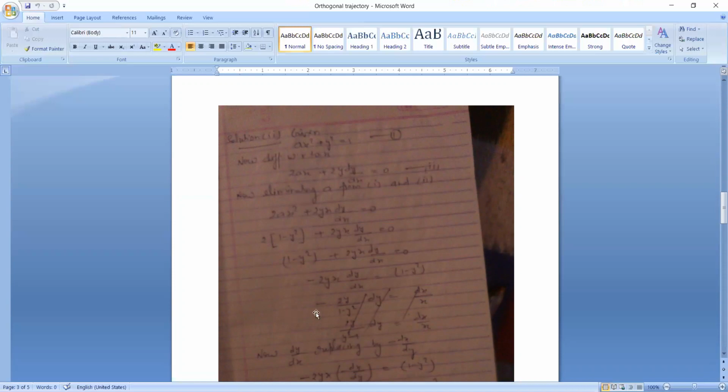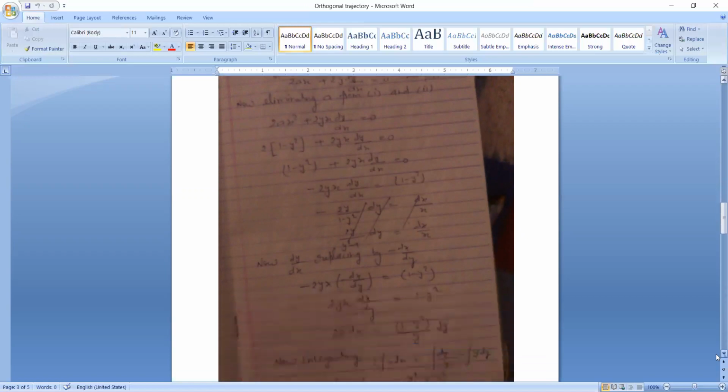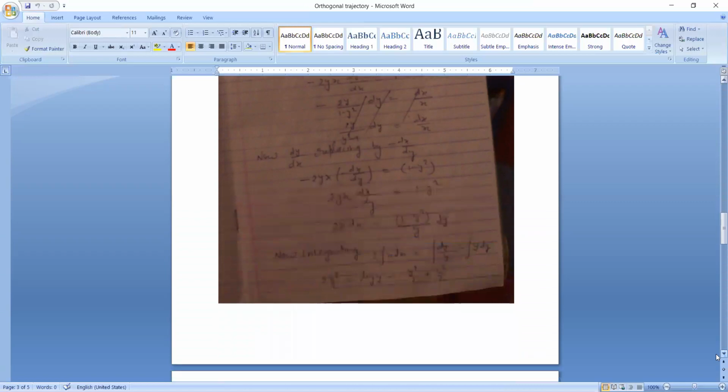This will be 1 − y² + 2yx dy/dx = 0, or −2yx dy/dx = 1 − y². Now replacing dy/dx by minus dx/dy, so −2yx(−dx/dy) = 1 − y². So finally, by separating variables, we can write 2x dx = (1 − y²)/y dy.